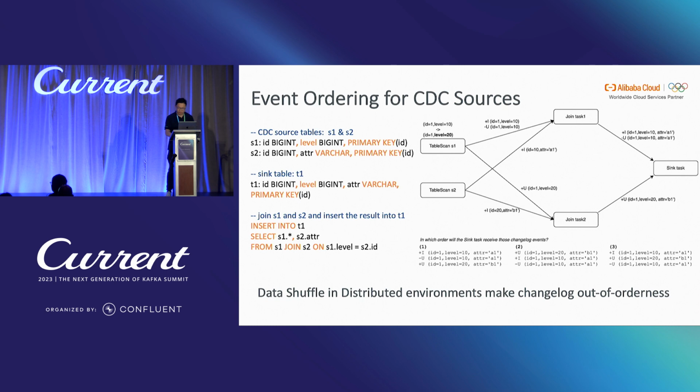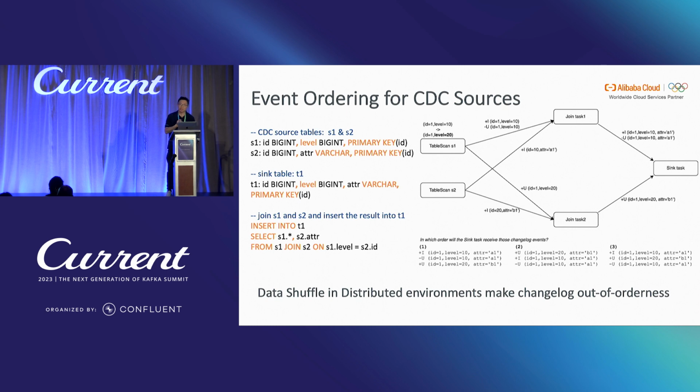So look at the SQL statement in the example. The primary key of source table S1 is ID, but the join operation leads to a shuffle by column level. In this example, if the join operator runs with a parallelism of 2, the above 3 events could be sent to 2 tasks.